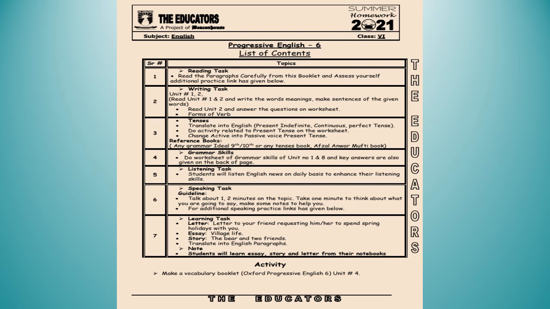After that, we have grammar skills portion which you can do with the help of your grammar skill book. After grammar skill portion, dear students, we have listening and speaking tasks to improve your listening and speaking skills. Lastly, dear students, we have learning task in which you need to learn everything mentioned. I hope, dear students, that English portion of your summer pack is now clear.